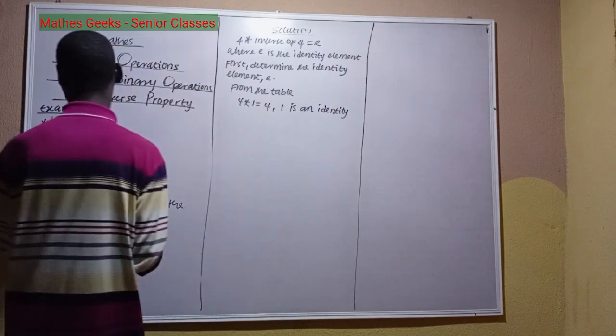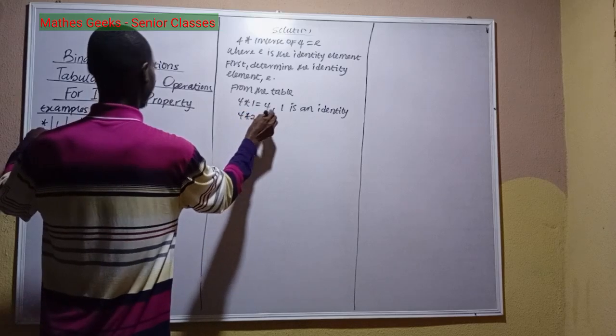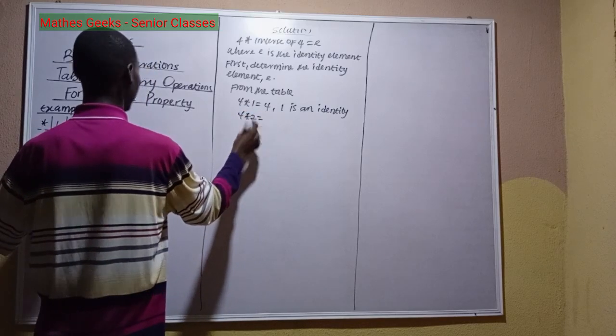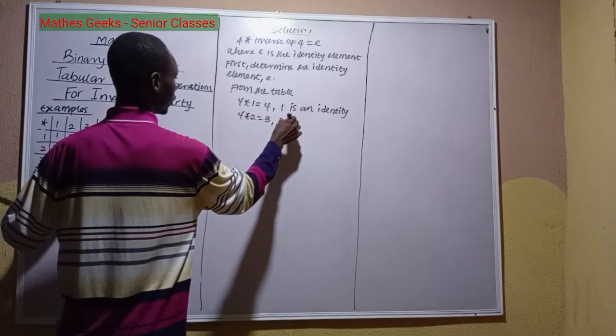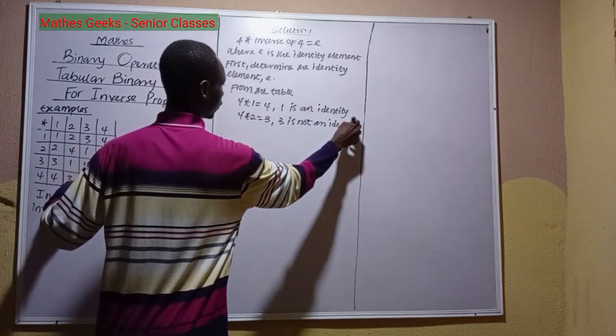If you go on, you see that for operation 2, what's it giving us? It's 3. 2 is not an identity.